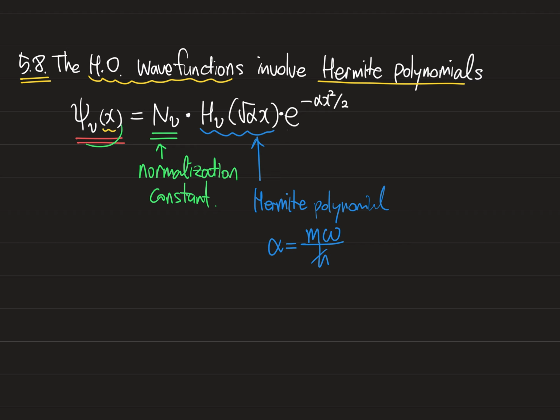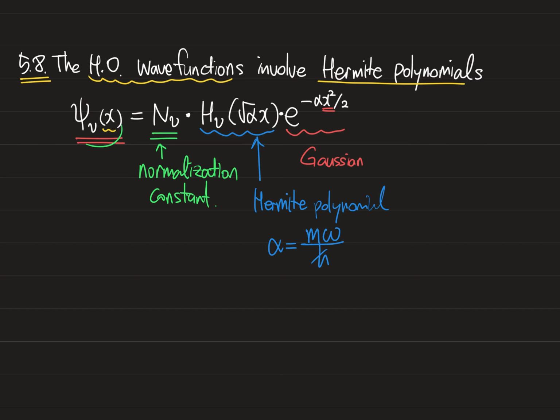And the final part is the exponential part, or Gaussian part, because it is exponential of minus x squared. So this part is required so that the wave function decays to 0 at a large distance.